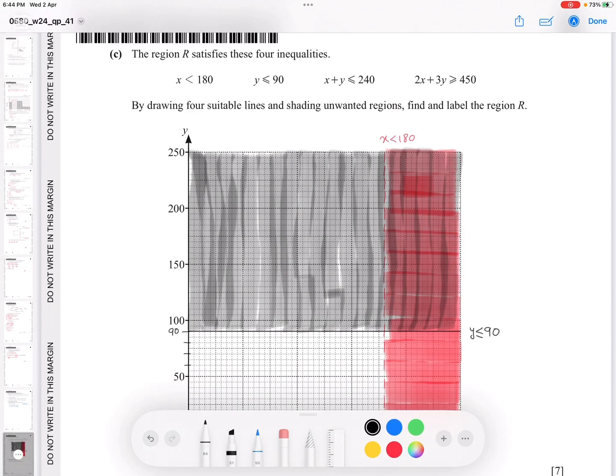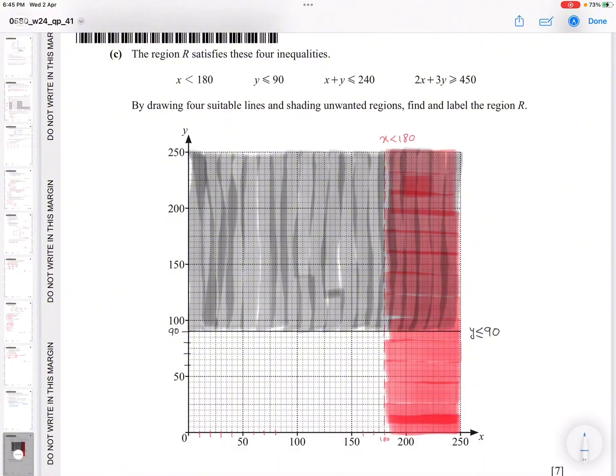Alright, now the third one, x plus y is less than or equal to 240. So let's first try how we will draw this line. I'm going to take two coordinates, x plus y equals 240. If I put x as 0, what is my y?